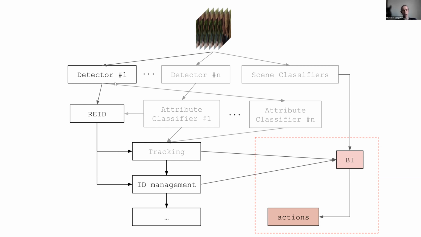After tracking, you have assigned your detection to an already known track or created a new one. But then you have to say who this track is exactly from your database of known persons.